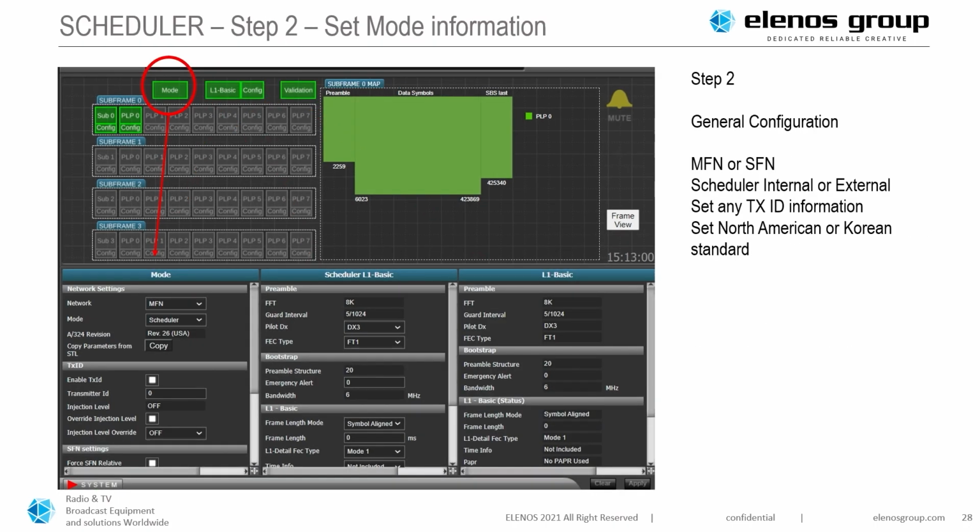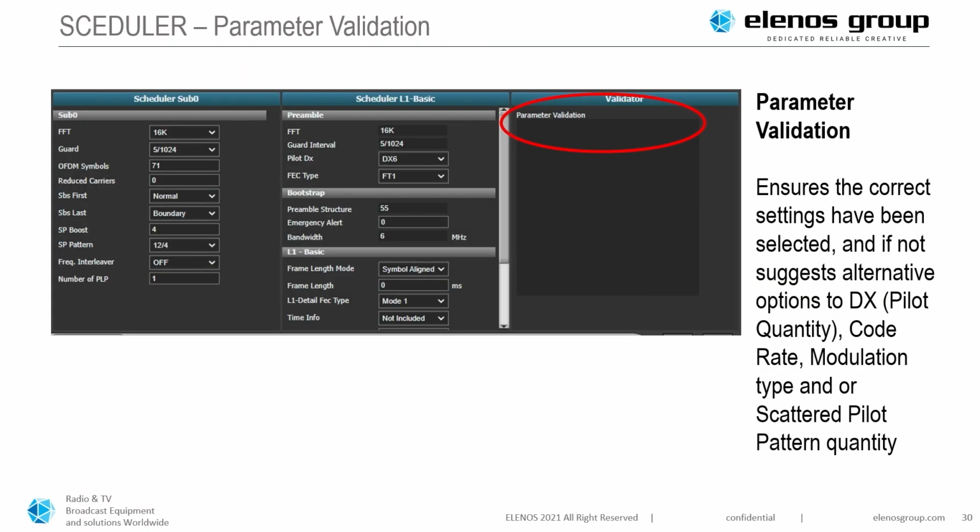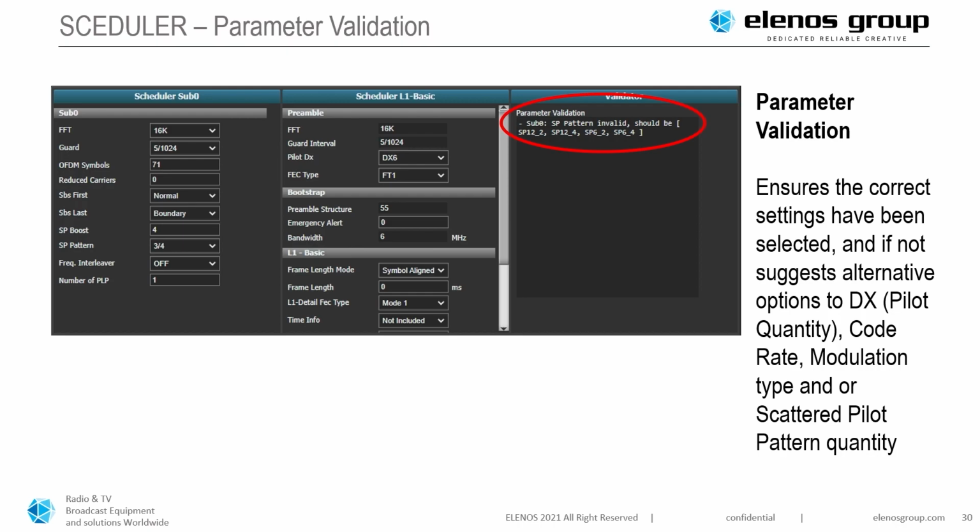So step 1 is select MFN, SFN, and so forth. Step 2, step 3, make all of those selections, and then the good news is there is a parameter validator. That means it tells you if you cannot do what you're trying to do. It basically says, wow, you've set the SP pattern, it is invalid. It should be either 12/2, 12/4, and so forth. So it gives you a clue of where you've gone wrong.